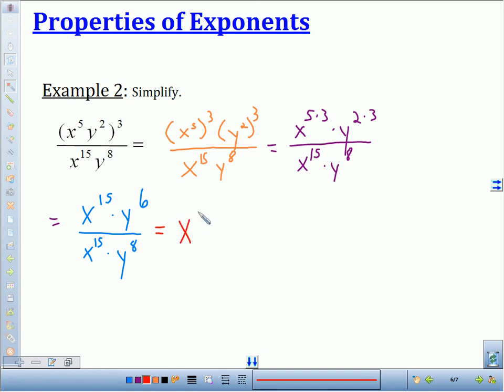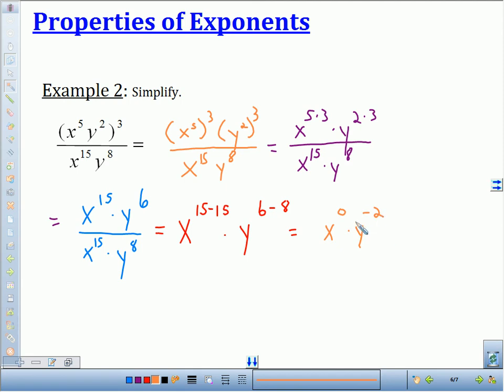So I would have x to the 15 minus 15 times y to the 6 minus 8. And we do that subtraction. We end up with x to the 0 times y to the negative 2.